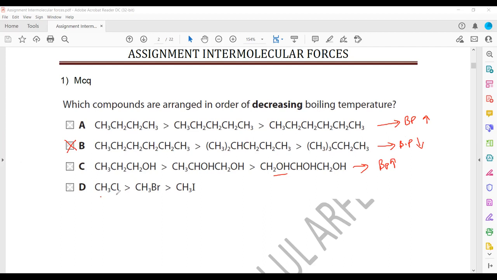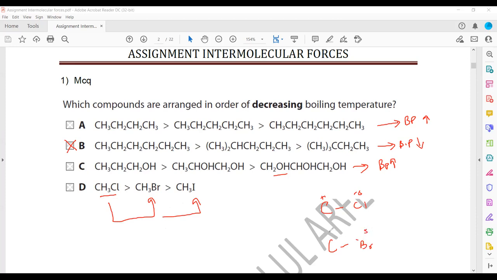What happens here? First it is CH3Cl, then CH3Br, and then CH3I. When we check the intermolecular forces, the bond between carbon and chlorine will be more polar compared to the bond between carbon and bromine.